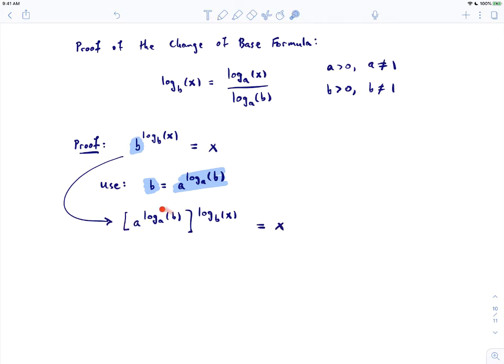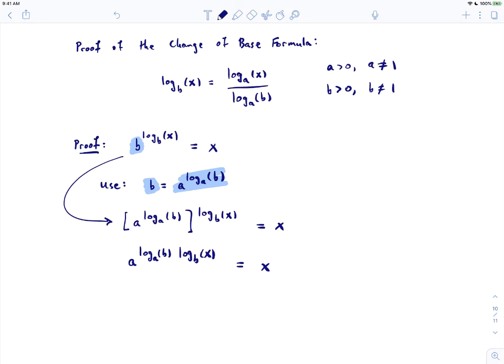Here we have a raised to an exponent raised to another exponent. So what we can do is we can multiply the exponents together. So this is a to the log base a of b times log base b of x. And that's equal to x.